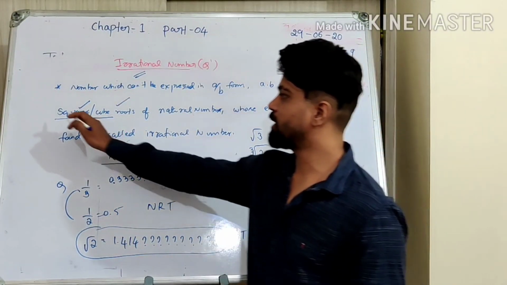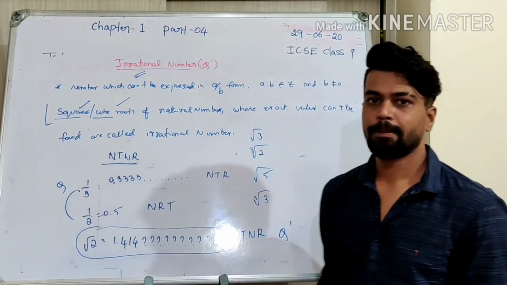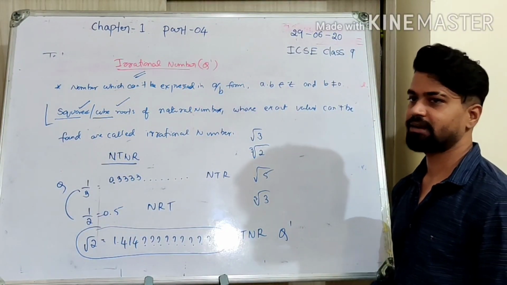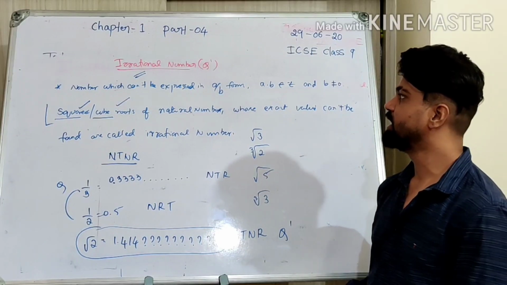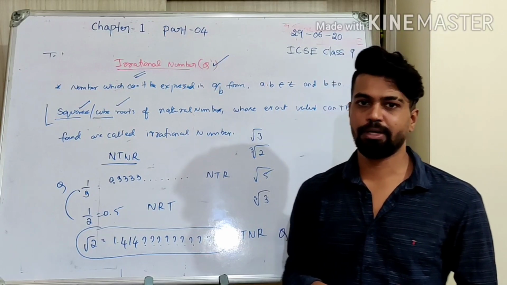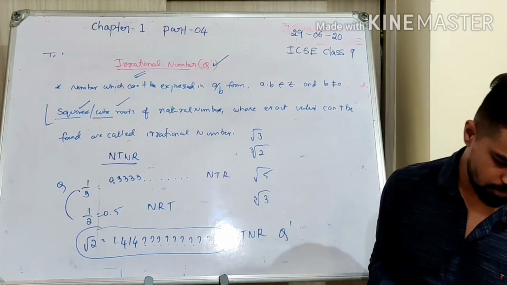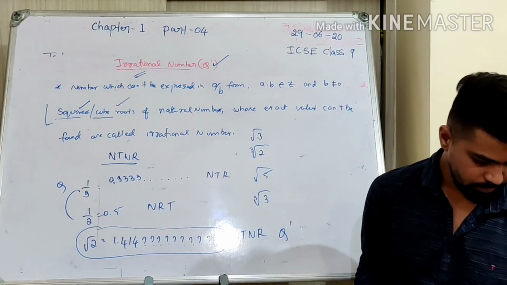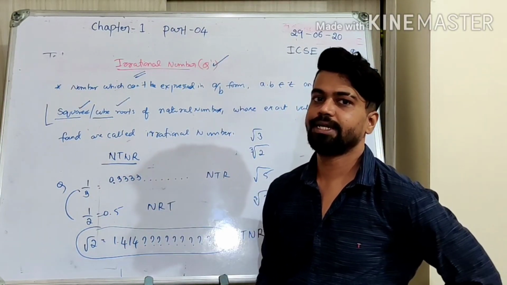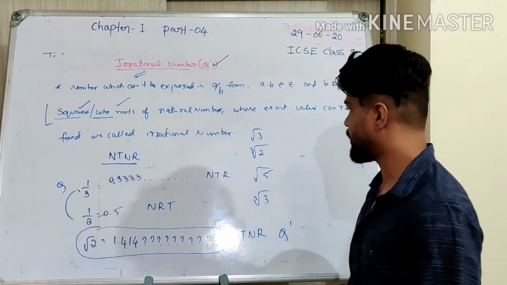The definition according to your textbook is: square roots or cube roots of any natural number whose exact value is not known can be called irrational numbers, and they can be represented by Q dash, that is the complement of rational numbers. That's why dash is used here. So all the non-terminating, non-recurring numbers are going to be irrational numbers.